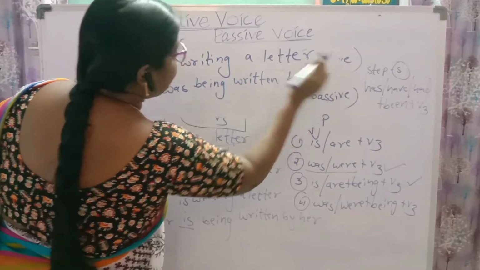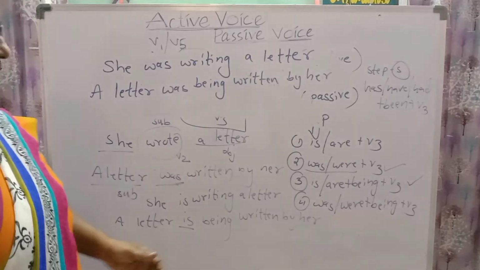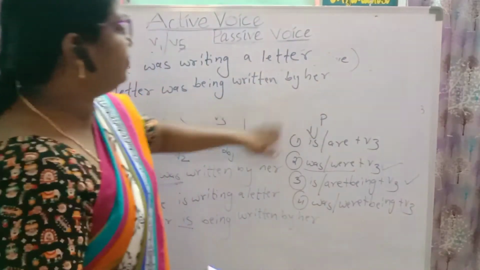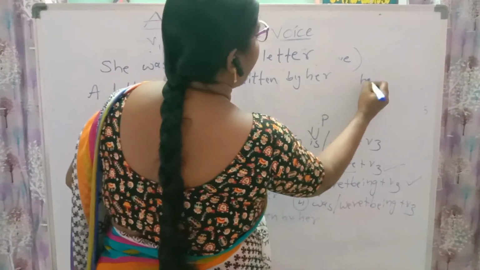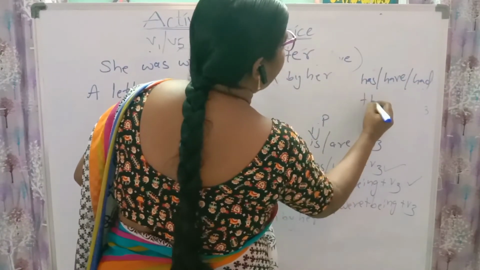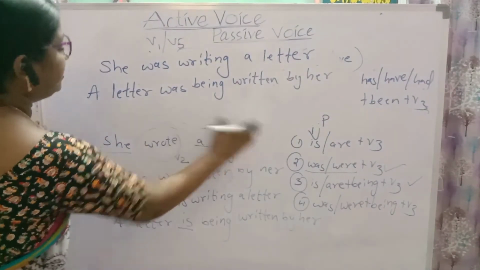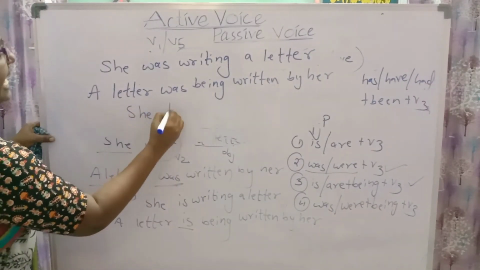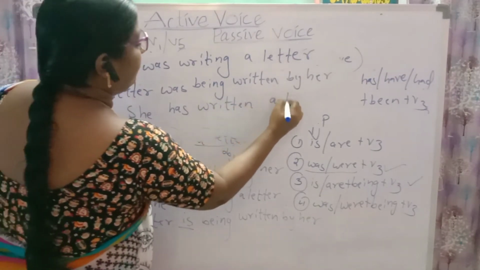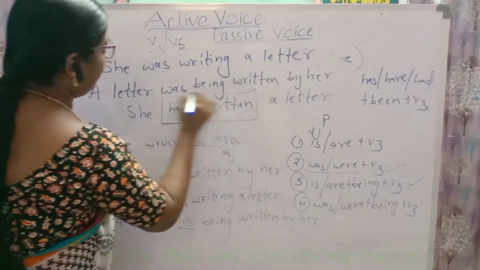If the sentence is in perfect tense, then we need to follow the fifth rule, that is has, have, had plus been plus V3. For example, she has written a letter. This is in perfect tense, has written.